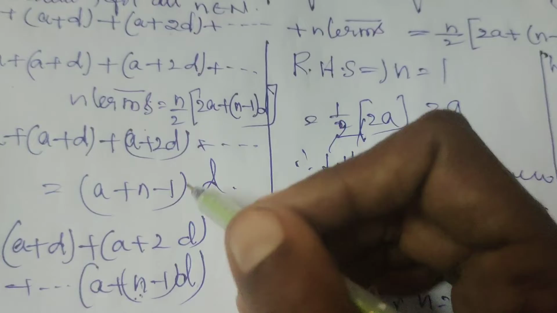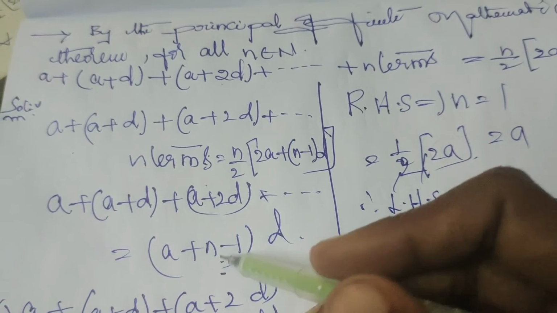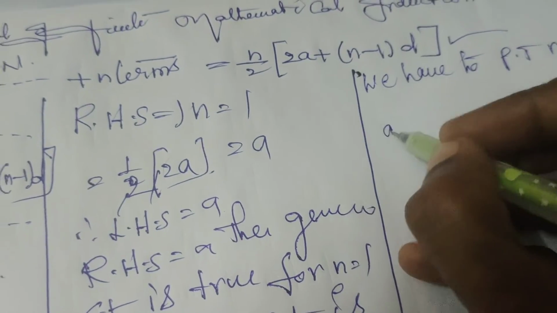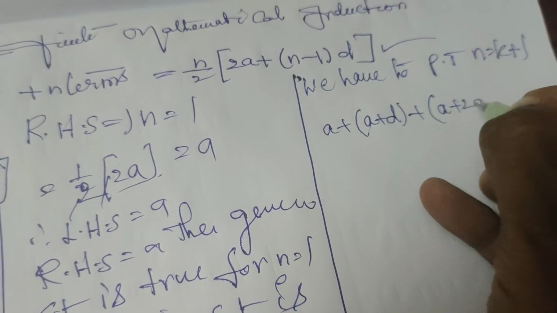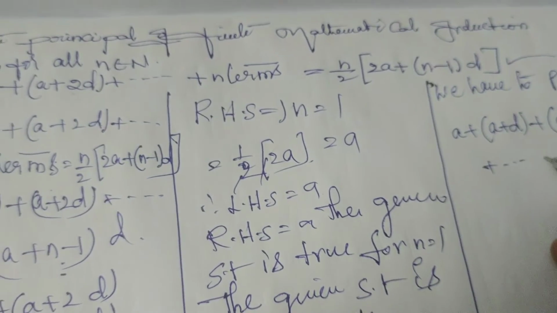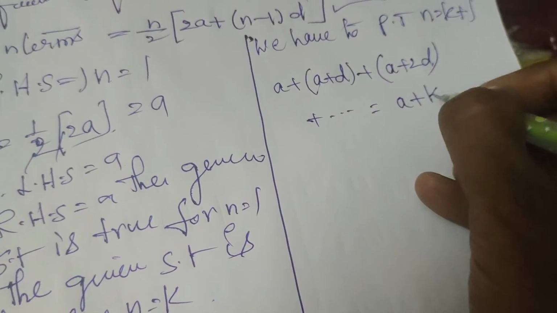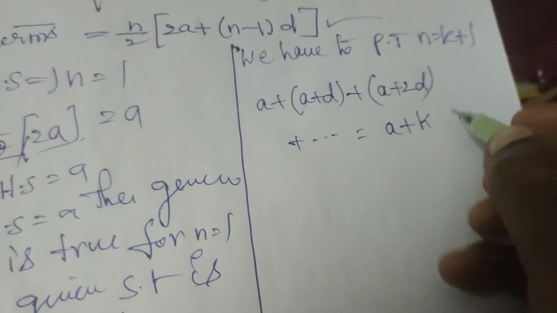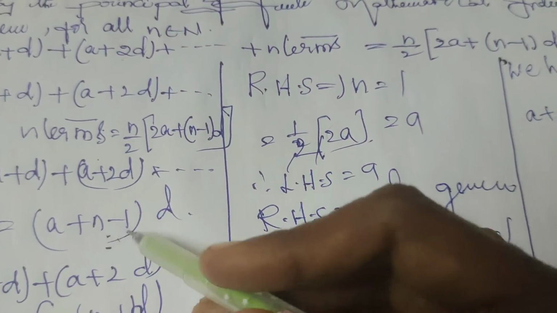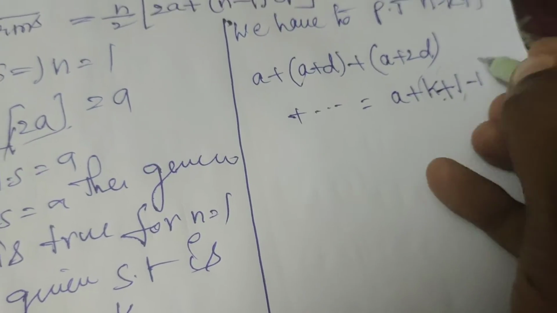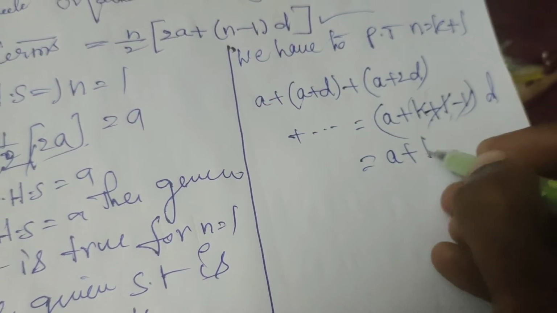First of all, for the n terms, substitute k plus 1 in place of n, that is a plus d plus a plus 2d, and so on, equals a plus k plus 1 minus 1 into d. The minus 1 and plus 1 cancel. This is a plus kd.